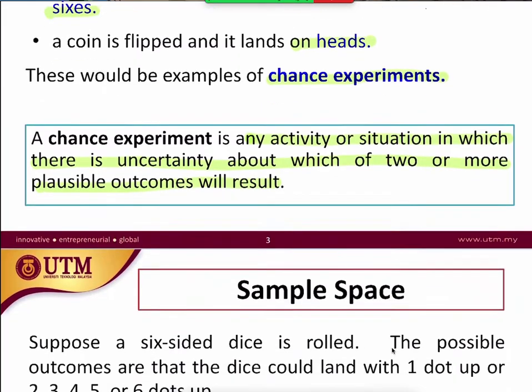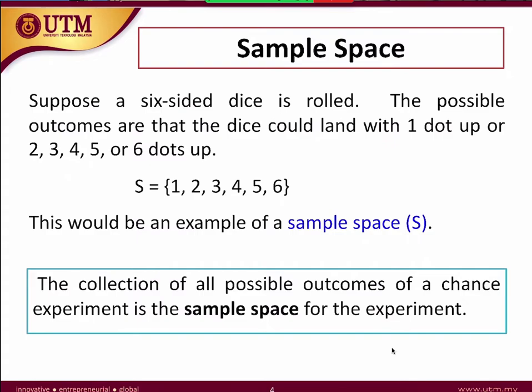The second term that you need to understand is sample space. In probability, we always start our sentence with "suppose," meaning that we want everyone to understand the situation. So suppose a 6-sided dice is rolled. What are the possibilities of which side of the dice it will land on?